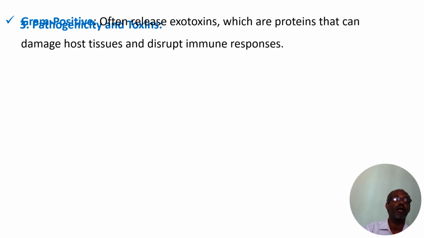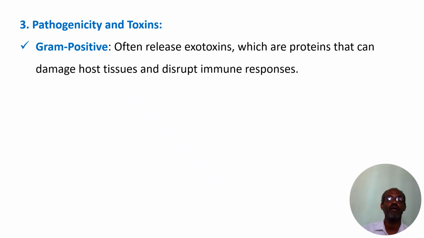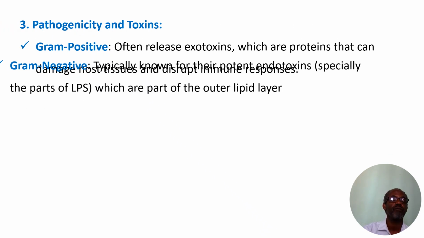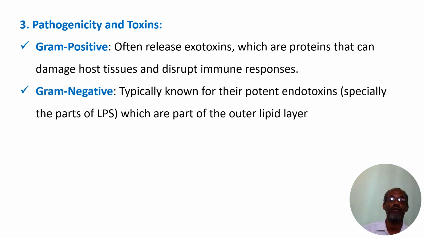Gram-positive bacteria often release exotoxins. They release chemicals from their cytoplasm, which stimulate our immune reaction; these are proteins that can damage host tissues and disrupt the immune response. Gram-negatives are typically known for their potent endotoxins, especially the parts of lipopolysaccharides in the outer lipid layer, which can be sensed as antigenic.